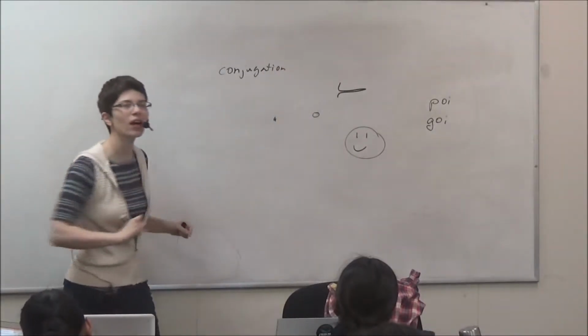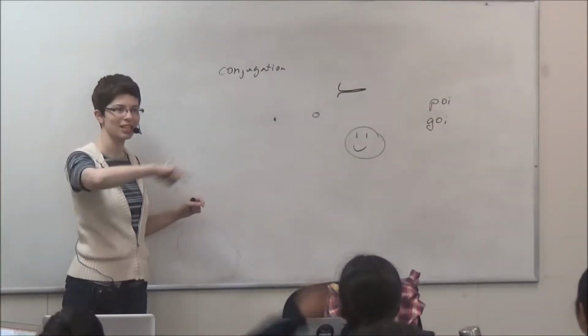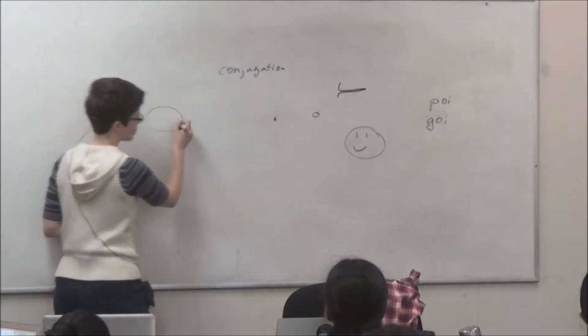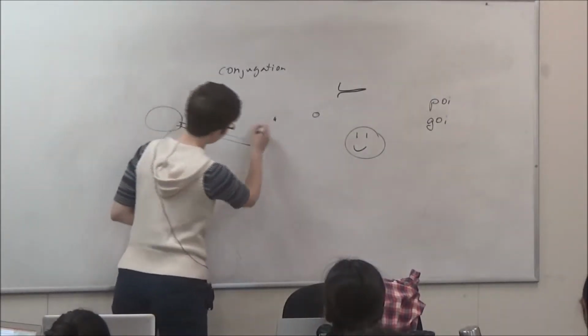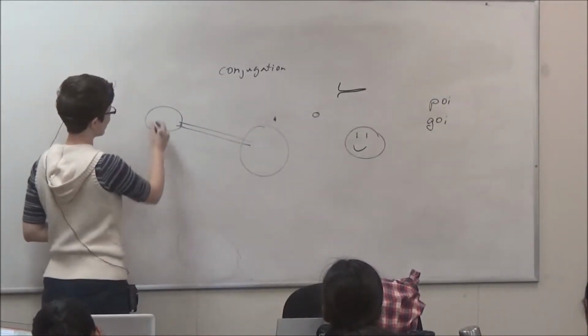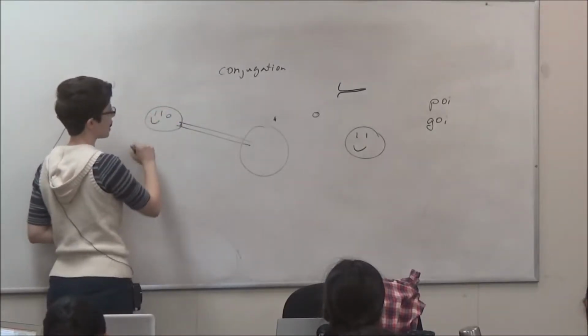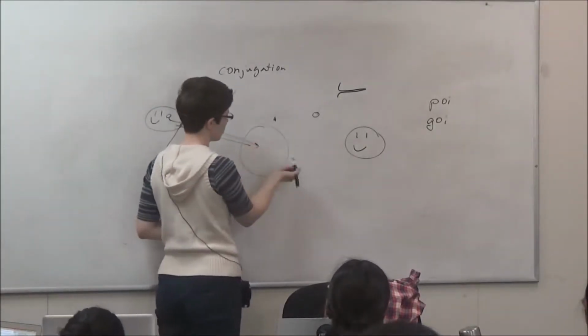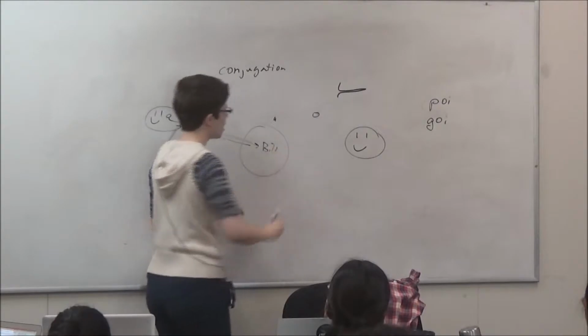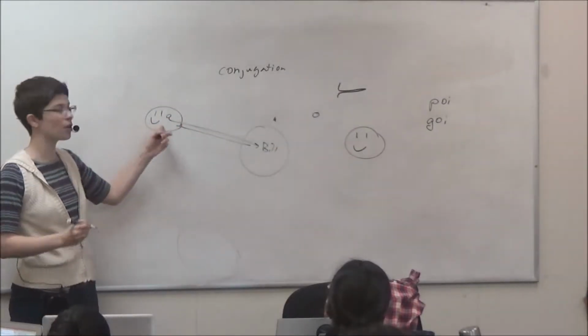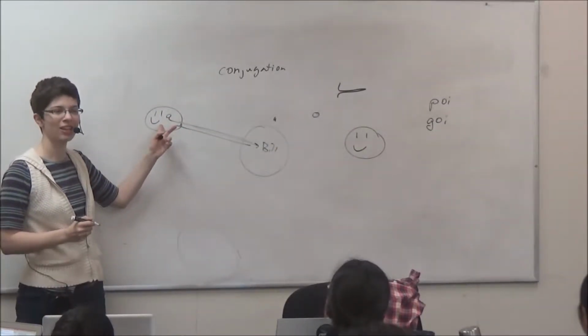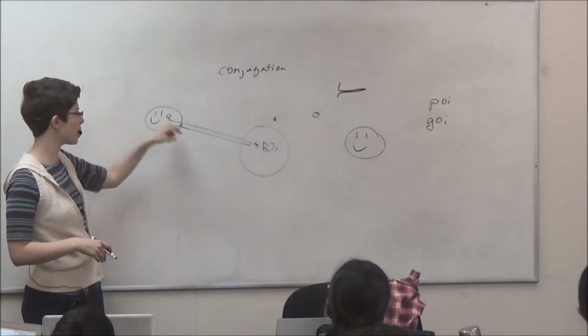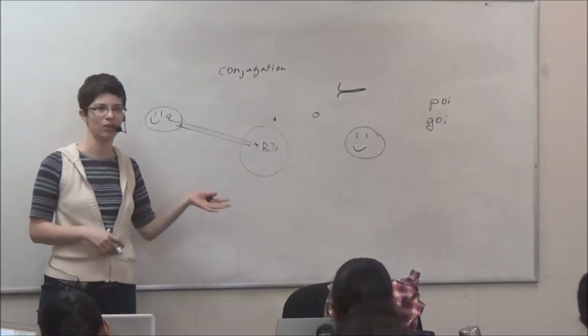Conjugation, who remembers what conjugation is? The bacteria extends its pili so it can transfer the DNA into the other bacteria. So Bob already has the plasmid and he sends a copy of it over to Bill, right? But, again, we'd have to put it into Bob, is the problem. So we have to put it into the one bacterium before I can move it around.